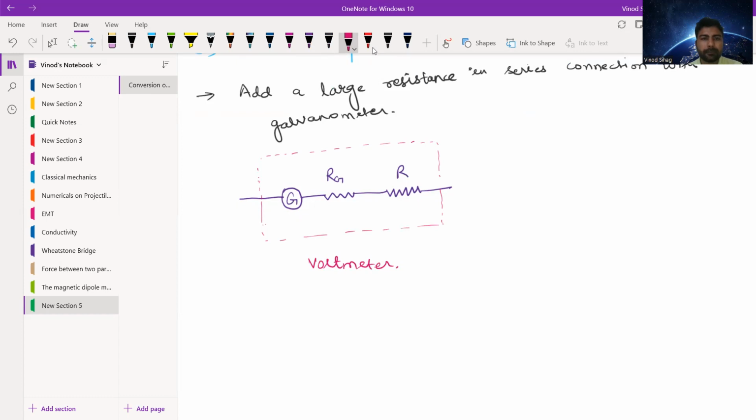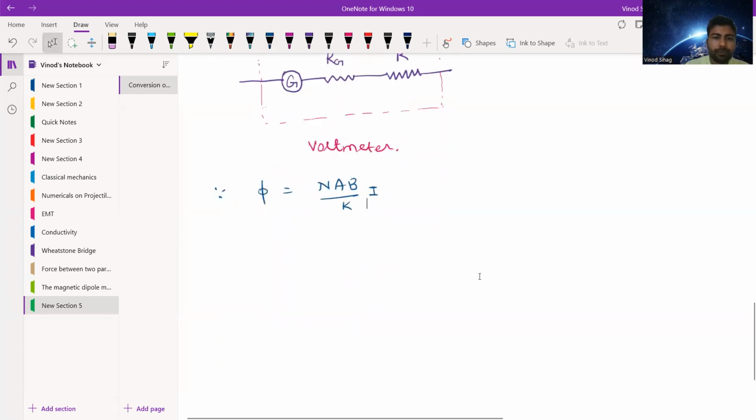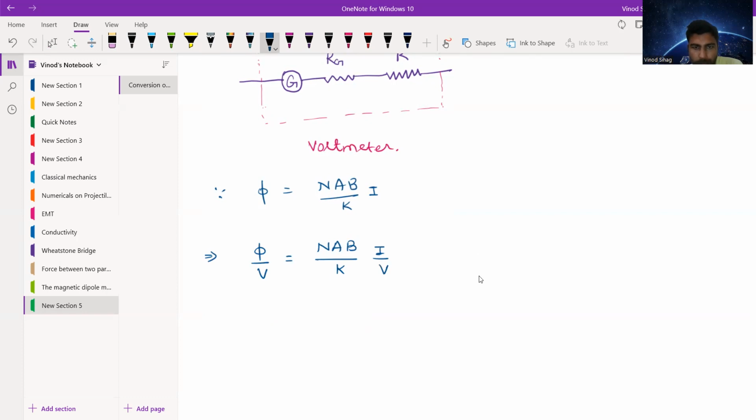We know that deflection phi equals NAB upon K into I. Now we have to divide both sides by voltage V. So we will get phi upon V equals NAB divided by K into I upon V.